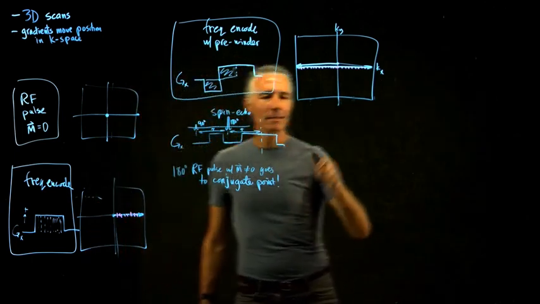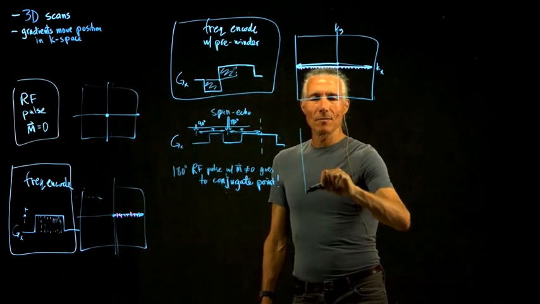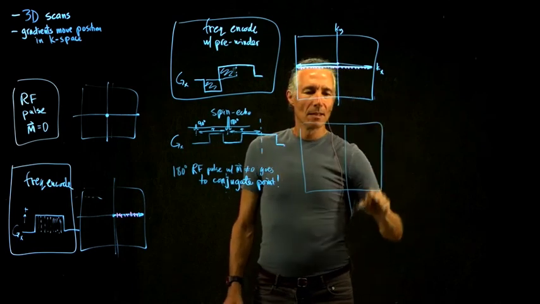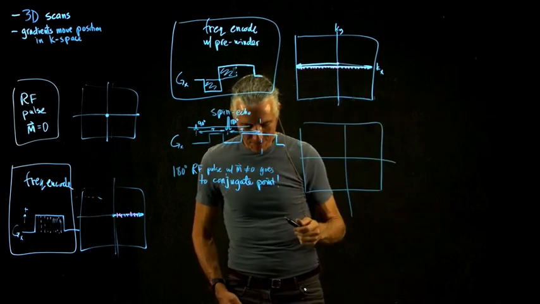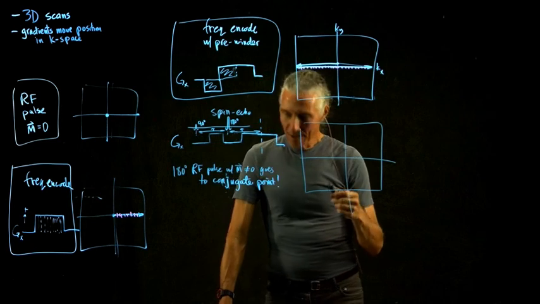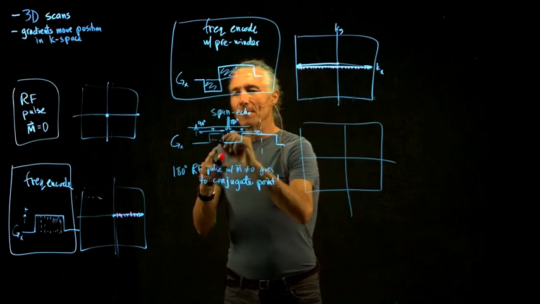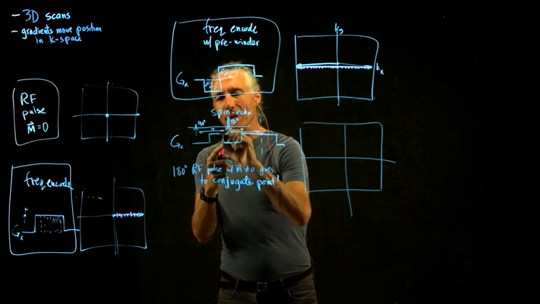If we look at this picture, we're sort of flipping back and forth madly. First we turn on the gradient in a positive direction.